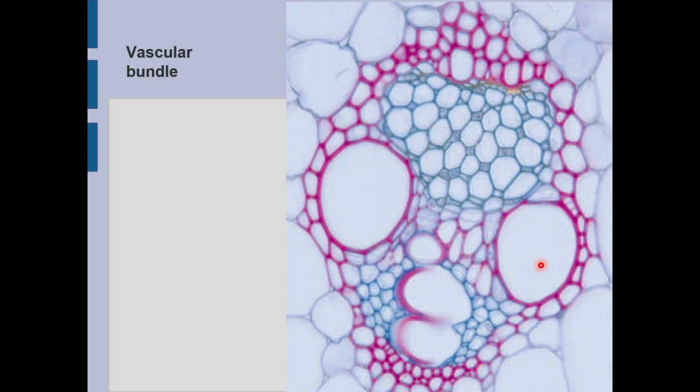So this is actually a xylem, and this is a phloem. And then we can also see ground tissue here, and also a bundle sheath here. So this is a vascular bundle of the monocots.